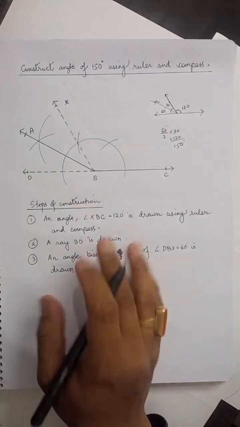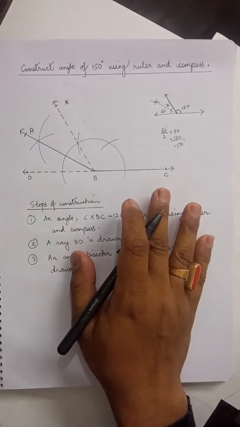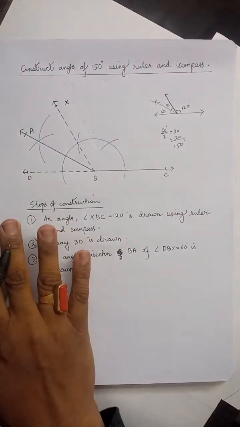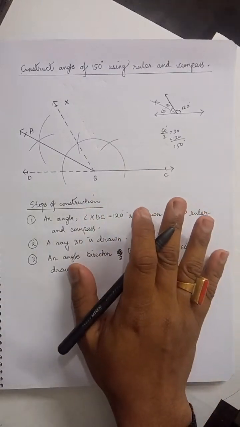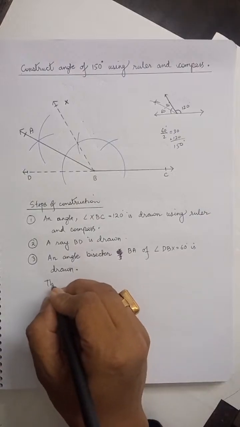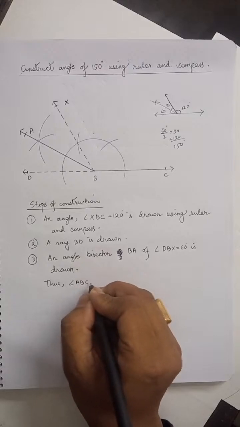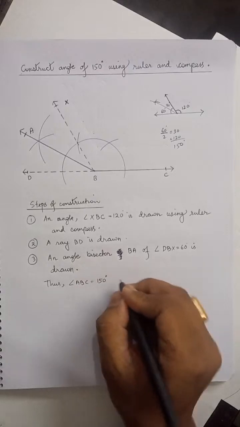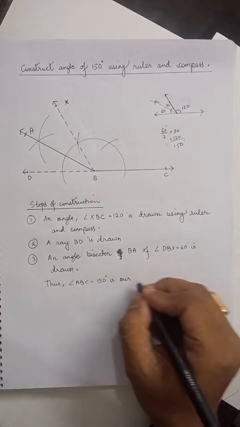One thing is that you need to be very accurate while you are drawing any angle, whether you are drawing it using a protractor or ruler and compass. Thus, angle ABC equal to 150 degrees is our required angle.